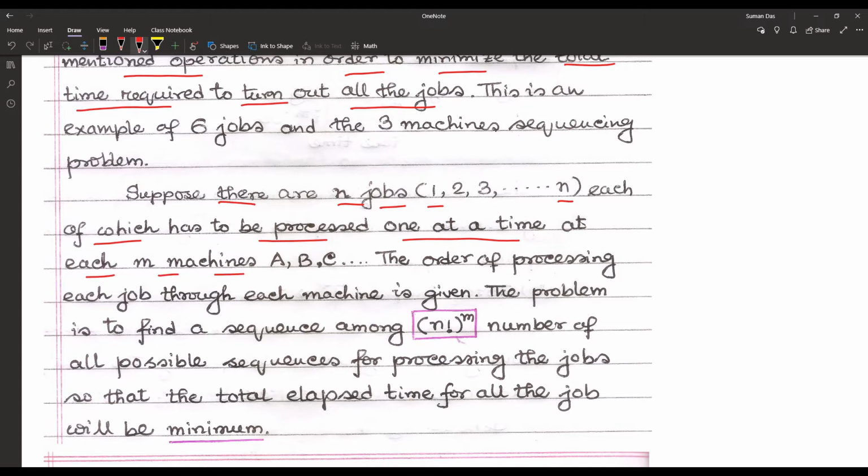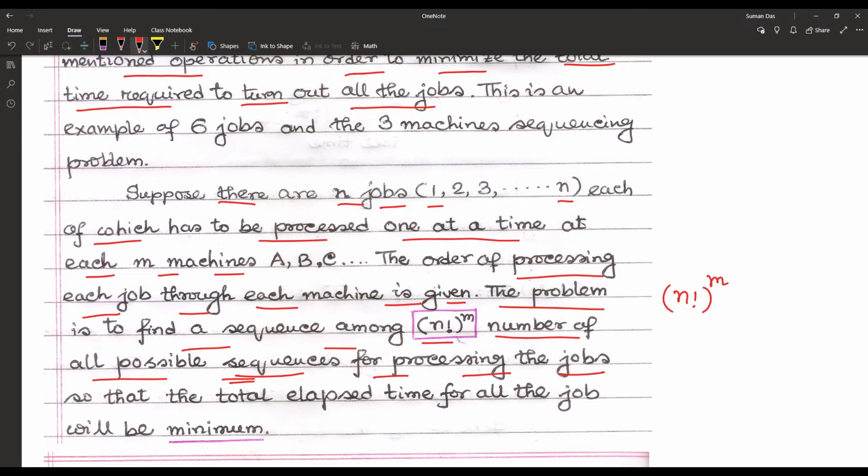The order of processing each job through each machine is also given. The problem is to find a sequence among (n factorial) to the power m possible sequences for processing the jobs, where m is the number of machines.